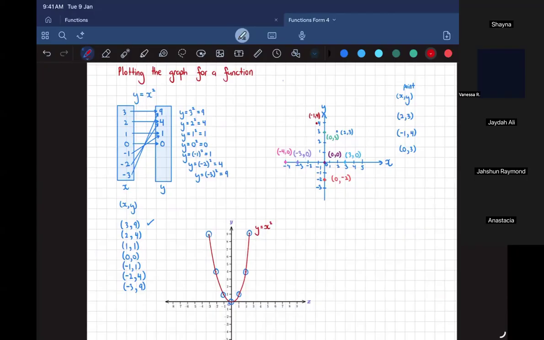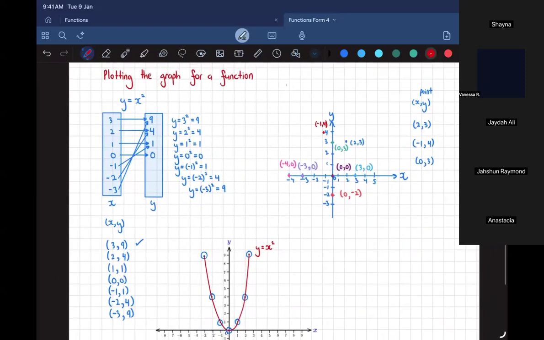Right. So I'll let you do a sketch for now. And for homework, I'll let you draw the actual graph. So copy down what you have on the screen.